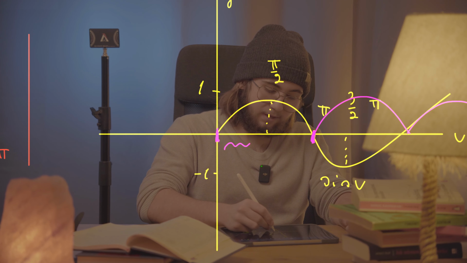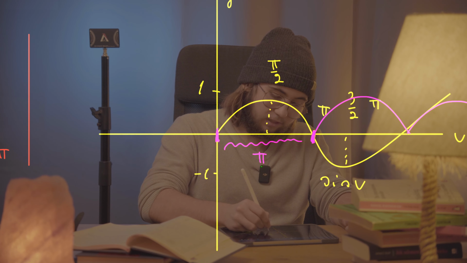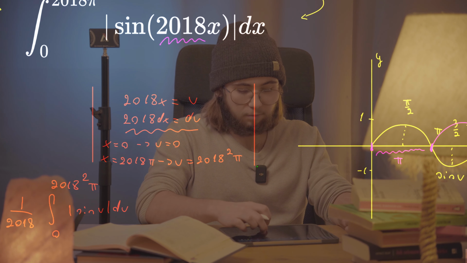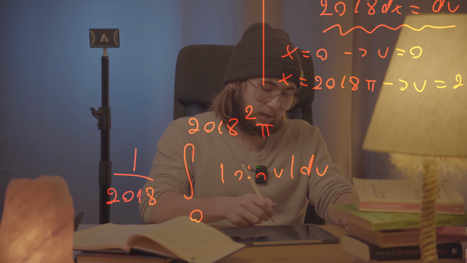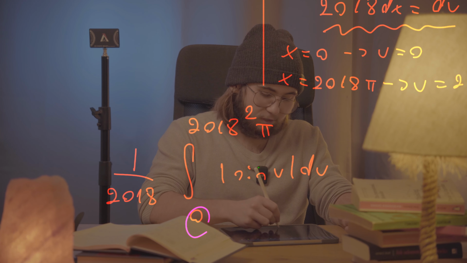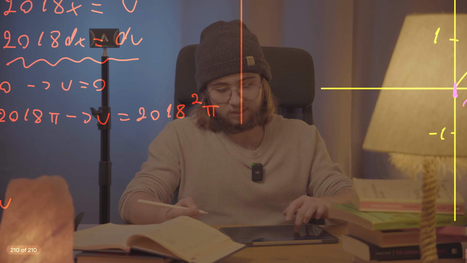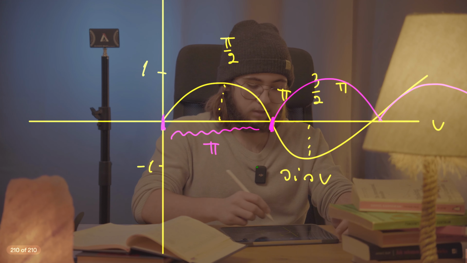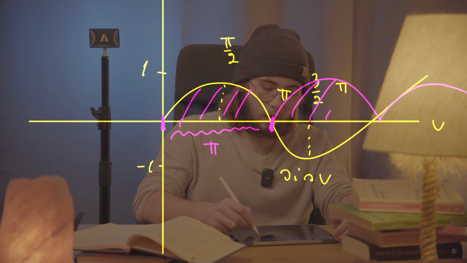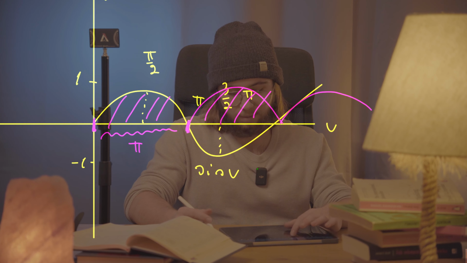So they have an interval length of just pi, and our integration bounds are 0 times pi and 2018 squared times pi, so we will integrate 2018 squared, quite a lot of those bumps.